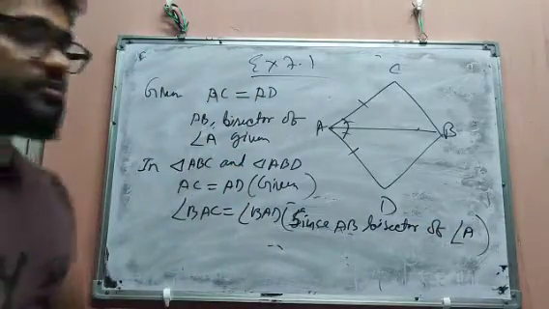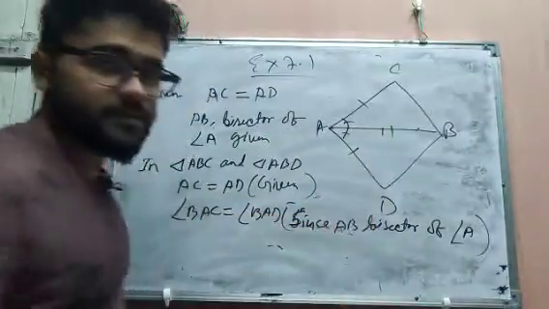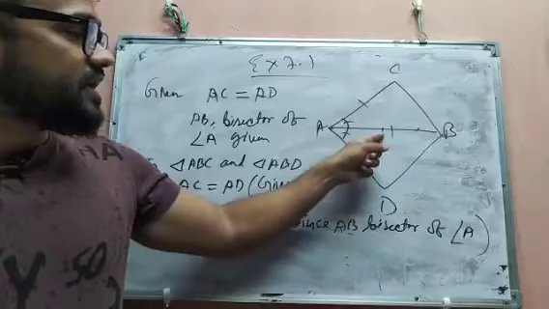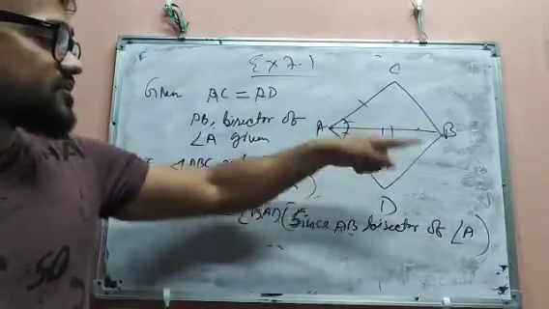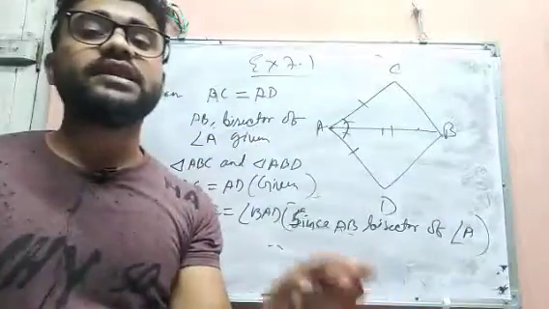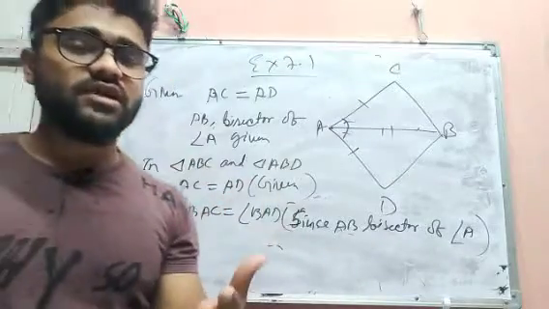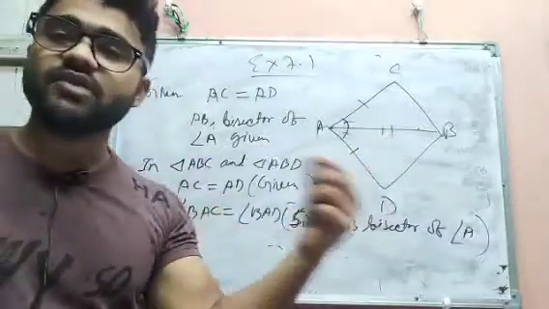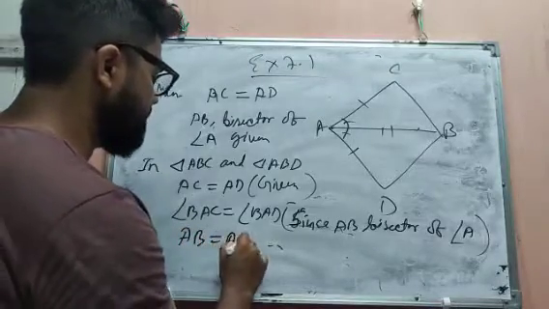And one thing is important, it is new for you. This side AB is also in triangle ABC, and this side is also in triangle ABD. That's why this side is the common side. That means AB is a common side, and a common side is always equal, because AB is equal to itself, so we can write AB equal to AB.